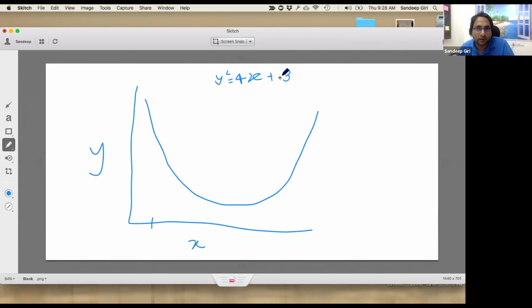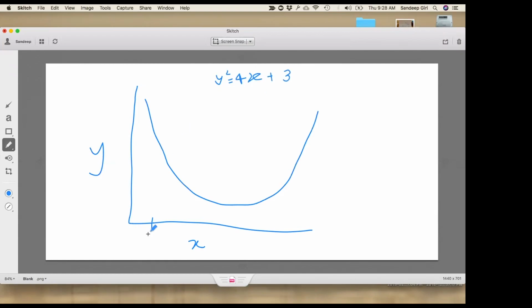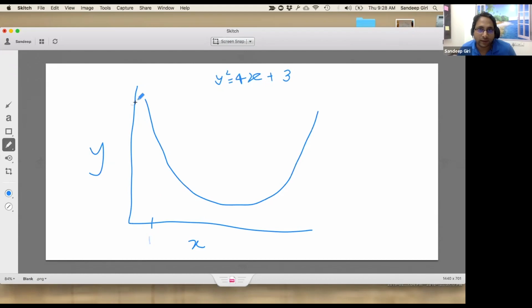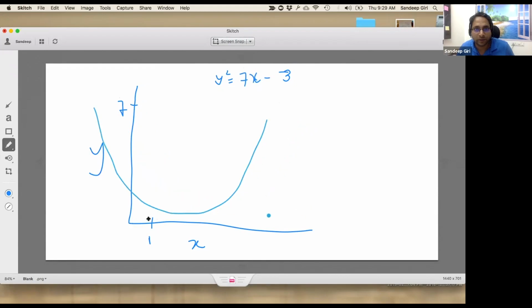So for x equals 1, let's say this is 7. Or how should it be? At x something, the y has to be minimum, something like this.